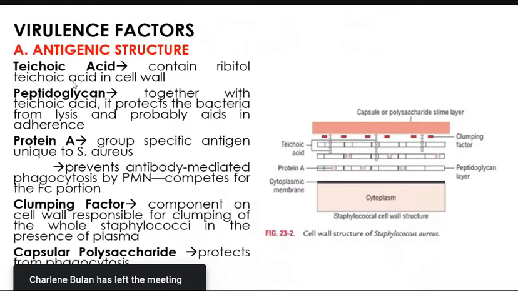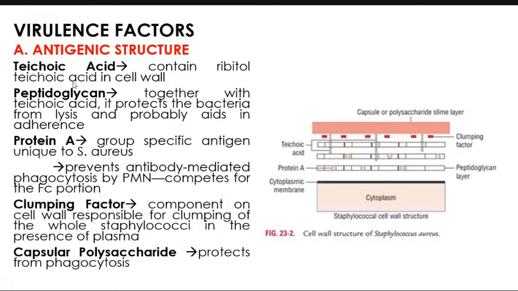So we get into the virulence factors of our Staphylococcus aureus. So first, the antigenic structure. When we're talking of the antigenic structure, di ba alam natin saan ang mga antigenic structures ng ating gram-positive cocci or our Staphylococcus, ang mga ito ay nasa kanyang cell wall.